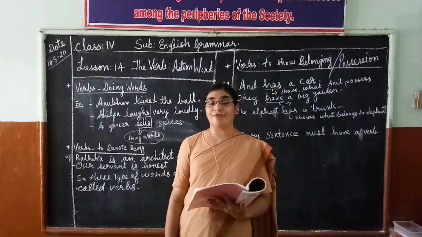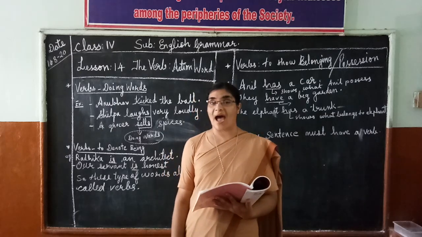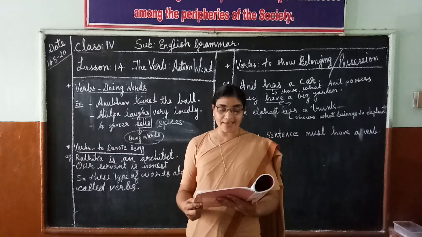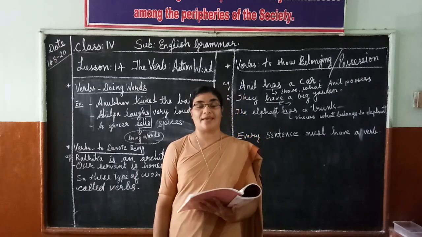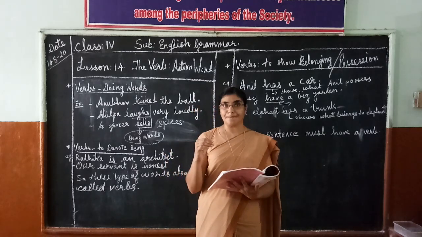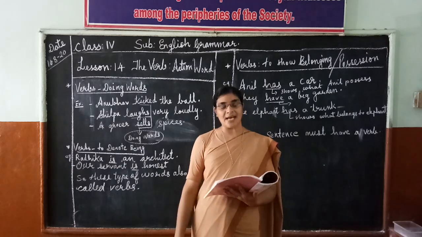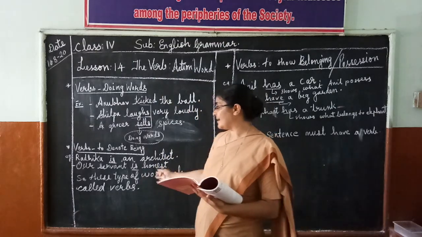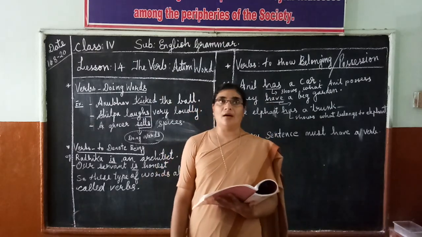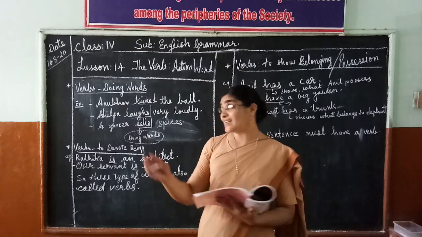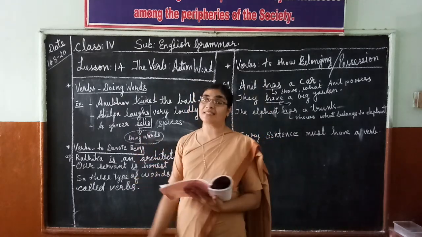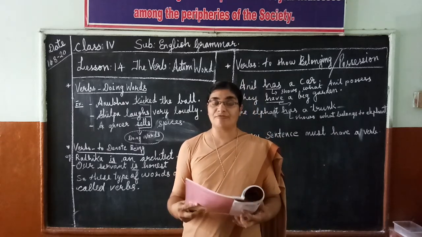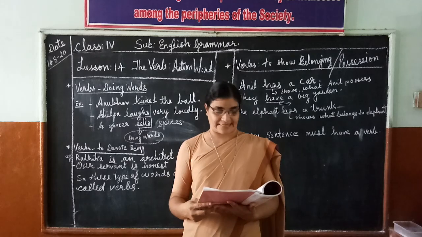Here is is the verb and helpful is the adjective. The next one, he will be happy or she will be happy. Will be is the verb and happy is the adjective. So this type of verb denoting being is very important for sentences.